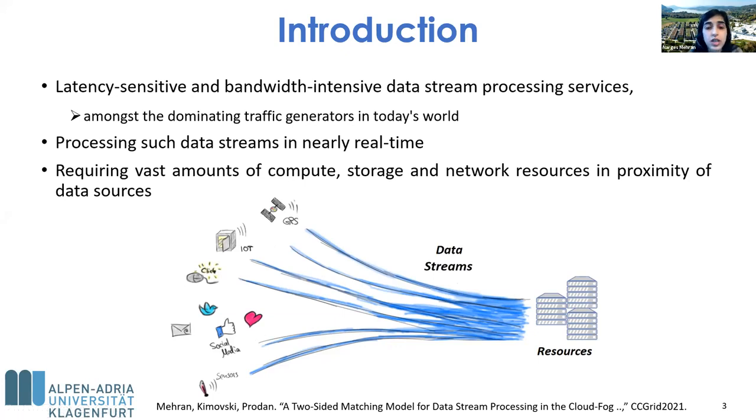But processing such a data stream in nearly real time for the end users of this type of applications requires a vast and enormous amount of compute, storage, and network services to be placed in the proximity of the data sources.